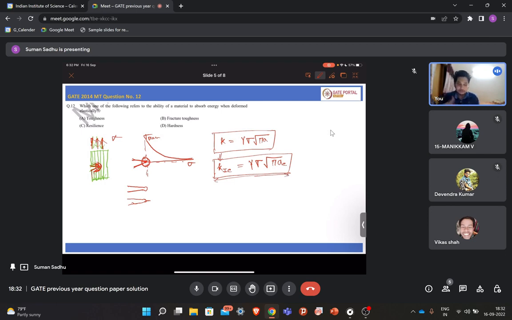That means when the stress intensity factor reaches a critical value, the crack propagation rate will be very rapid and unlimited, the crack will propagate very rapidly and your sample will be fractured. So that critical stress intensity factor is termed as fracture toughness.